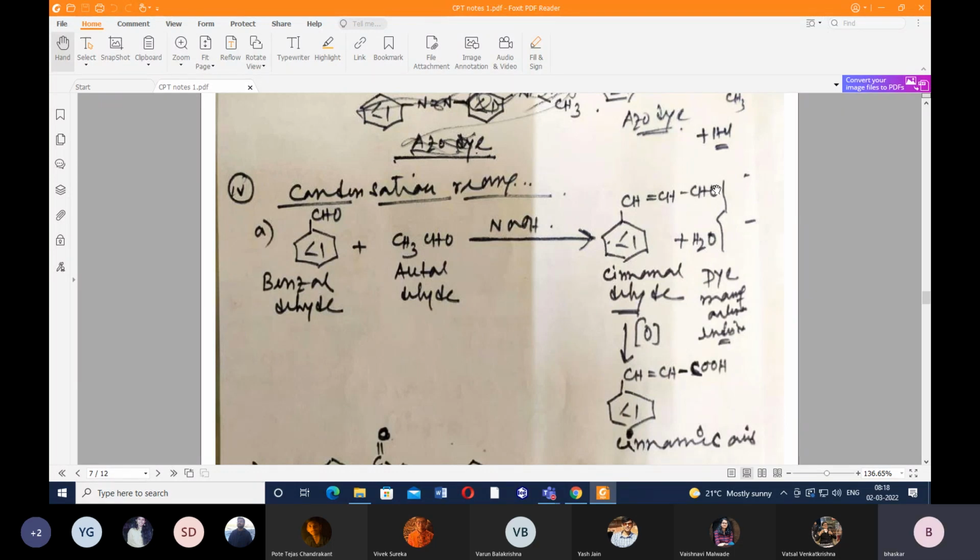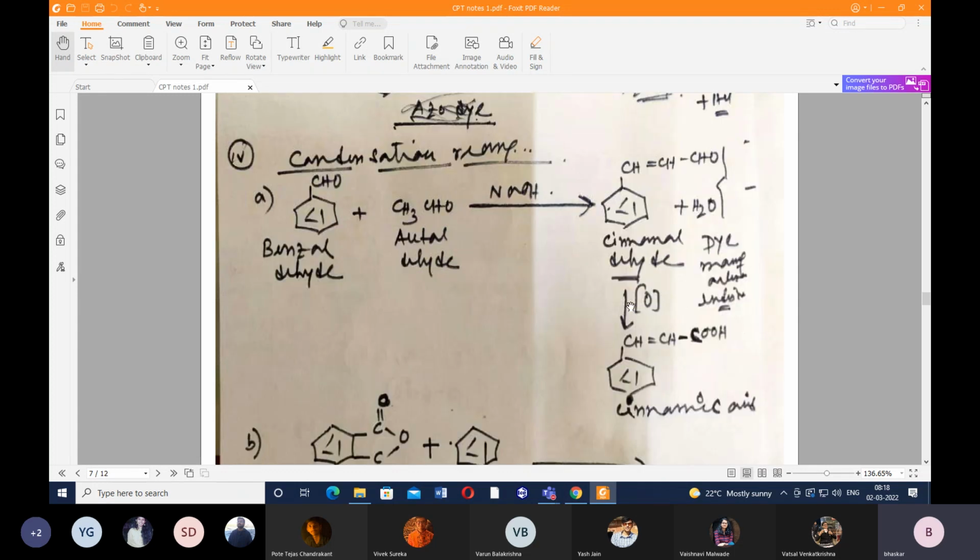In the reverse manner, if we perform a reduction reaction of acid, the acid will get converted into either aldehyde or ketone, and further reduction will lead to the formation of alcohols. Here we have got cinnamaldehyde, an aldehyde compound. Suppose we perform the oxidation of this cinnamaldehyde. What would be our typical end product? It would be cinnamic acid.